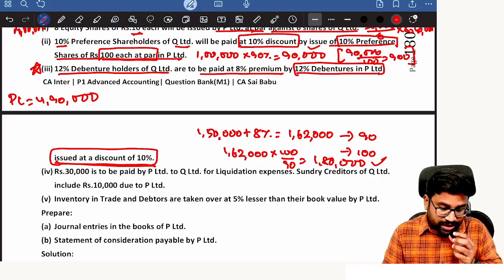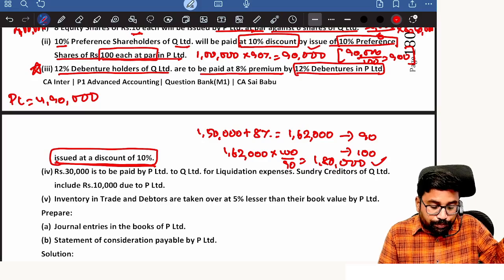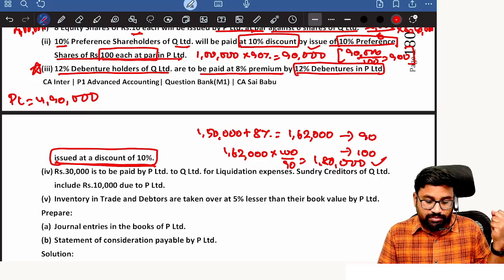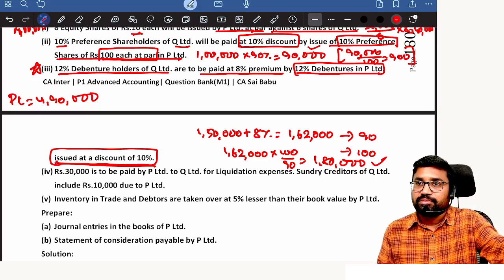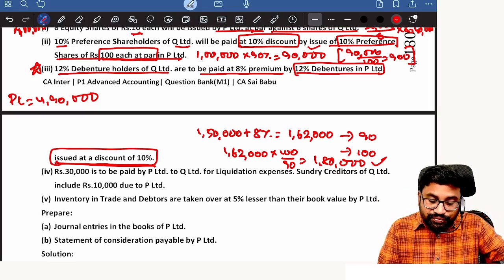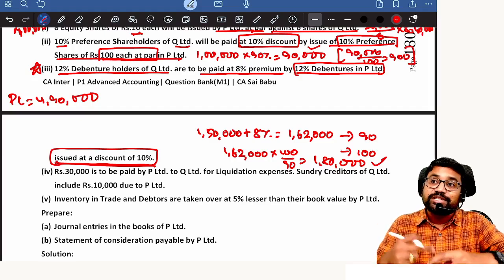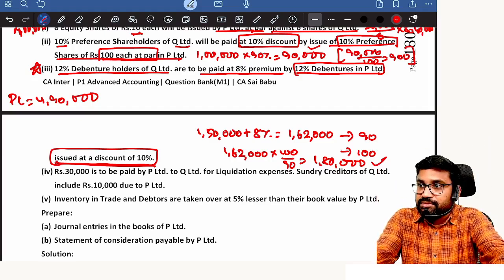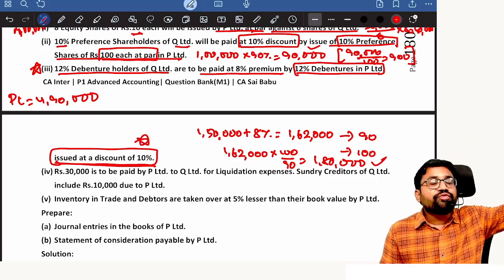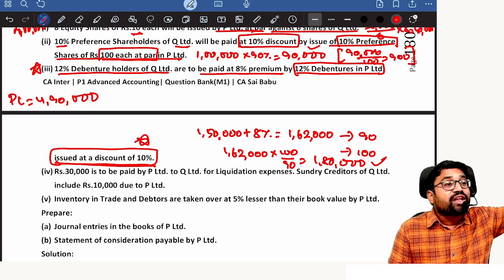Very, very important adjustment. So first of all, P Limited has taken the debentures of Q Limited and is paying at 8% premium. So 1,50,000 plus 8% is 1,62,000. But this 1,62,000 is paid by issue of its own debentures, and those debentures are issued at a discount of 10%. So therefore 1,62,000 is after discount.